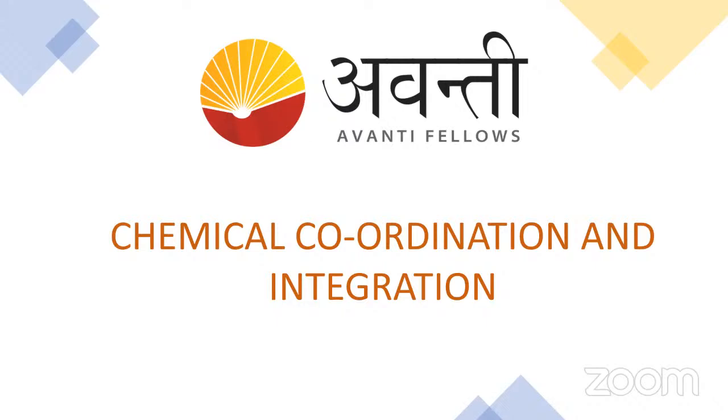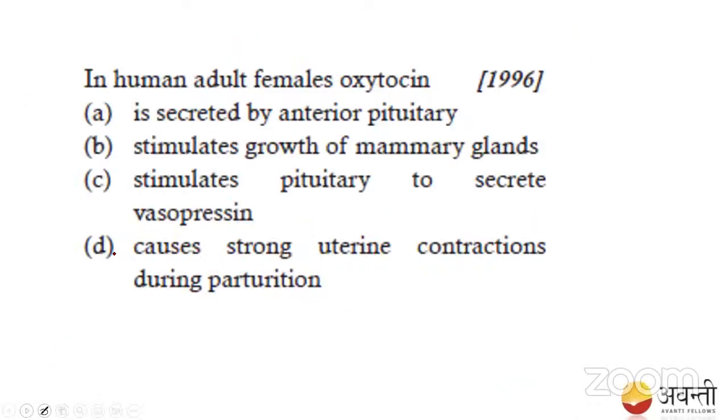Okay, so today's topic is chemical coordination and integration. This is a pre-reading question. It says, in human adult females, oxytocin: Option 1 is secreted by the anterior pituitary.